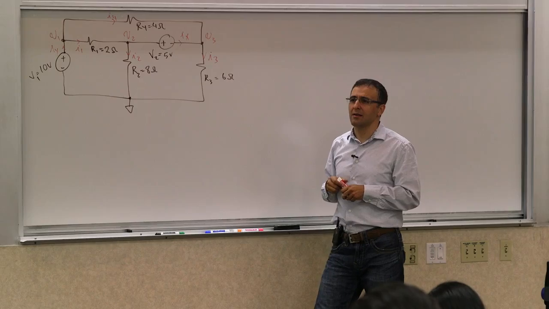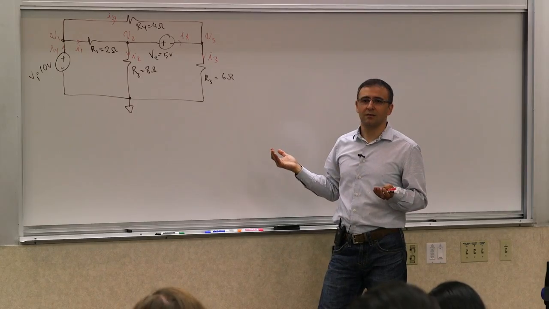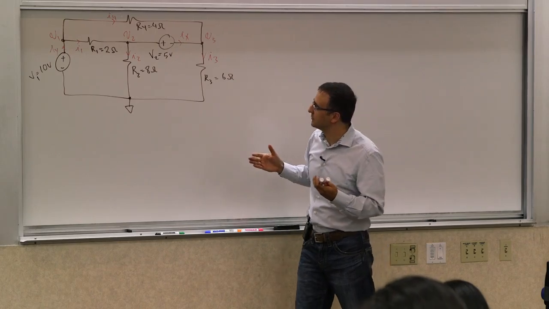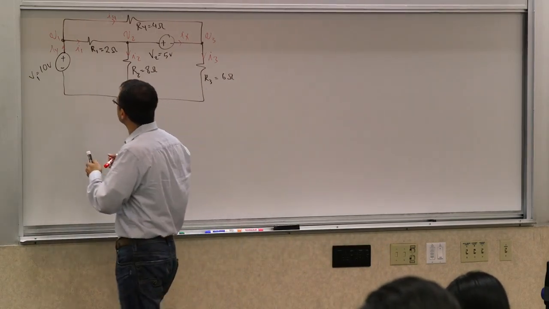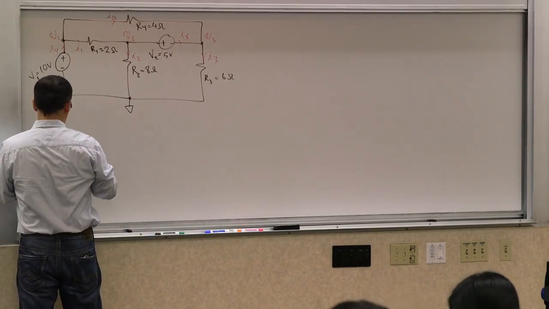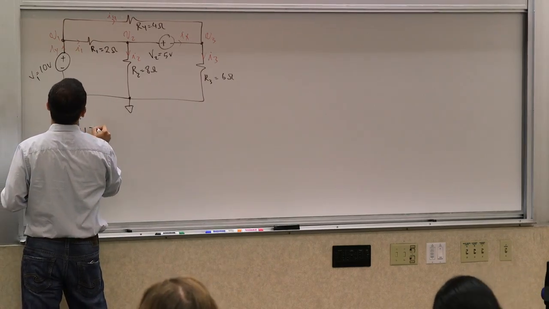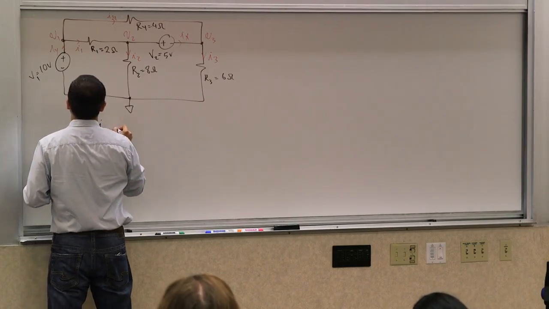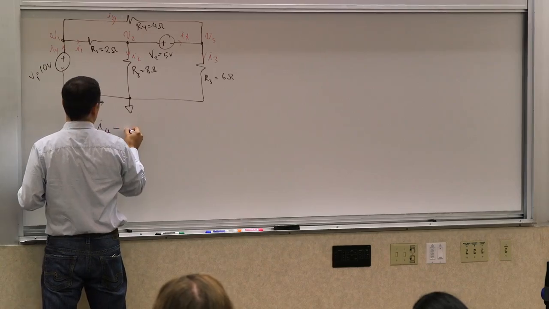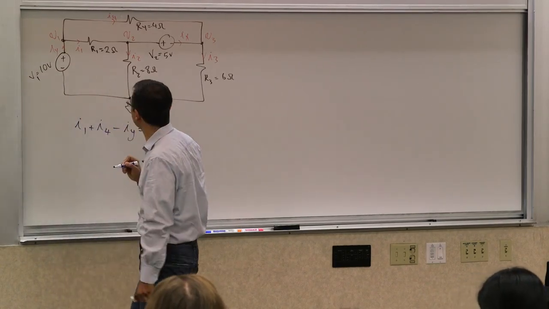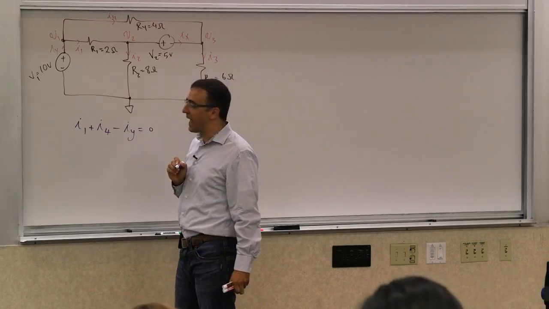If I were to write KCLs for these nodes blindly, what do I get? This is easy enough for me. I'll ask you for the harder ones. OK, so for the first node, I get that.